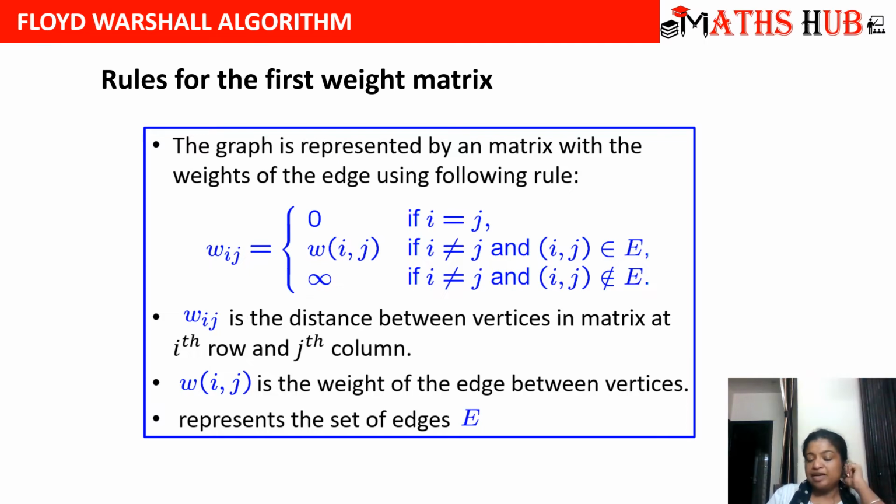Here wij is the distance between the vertices in the matrix at the ith row and jth column, and wij is the weight of the edges between the vertices. Here E represents the set of edges, right? So 0 denotes those weights where the indices i and j are equal.